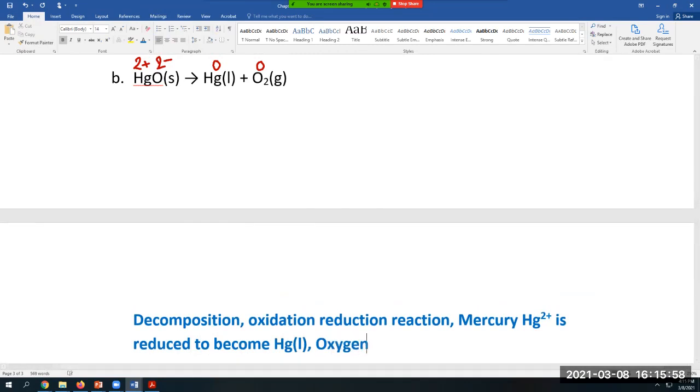So that means oxygen is, actually, let's write that it's O negative 2. We start with the oxide ion here. O negative 2 is oxidized into O2, the elemental oxygen gas.